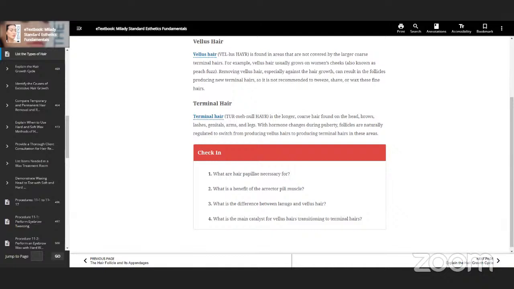So we got to make sure on the face going forward, if we are removing hair, like people come and get face waxes, and we're not talking just lips and chin and eyebrows. They want their cheeks and stuff waxed too.